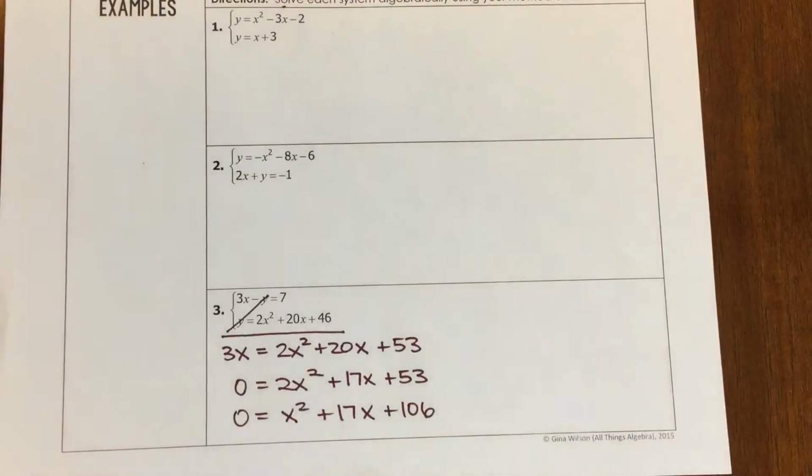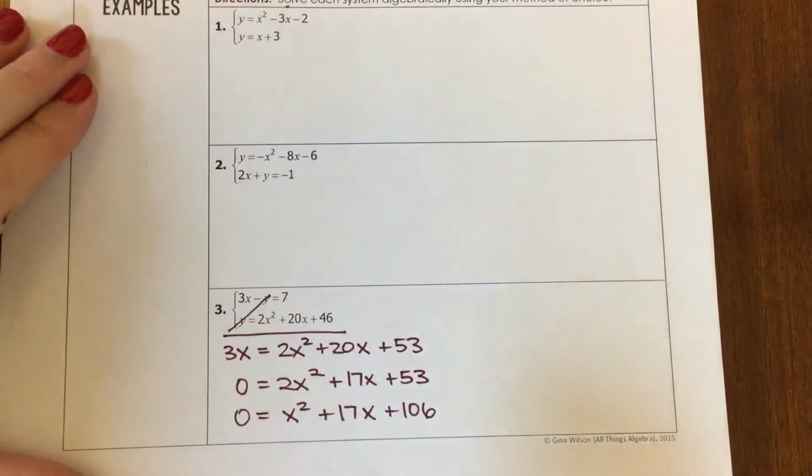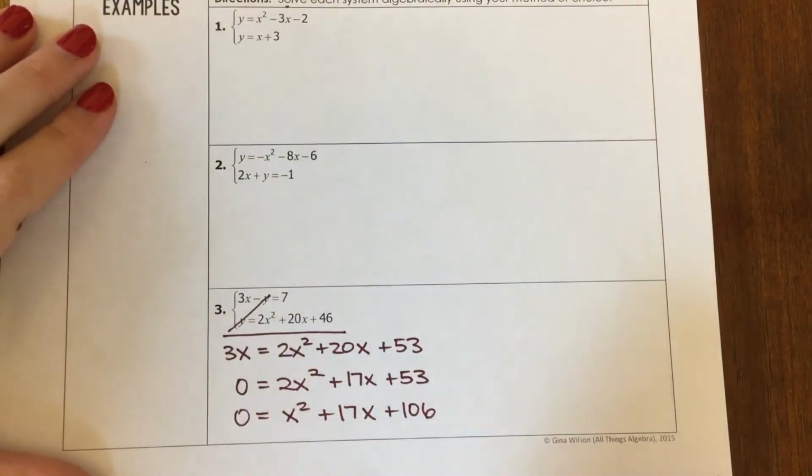So I'm looking for values that will multiply to 106 and add to 17. 106 is divisible by 2, so 106 divided by 2 gives me 53. And 53, I don't believe, is divisible by anything. So it's either 2 and 53 or 1 and 106. Neither one of those is going to give me 17. We could try a couple options, but I promise you we would fail, which means this does not factor.